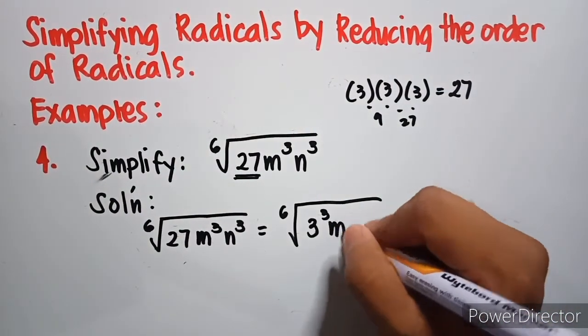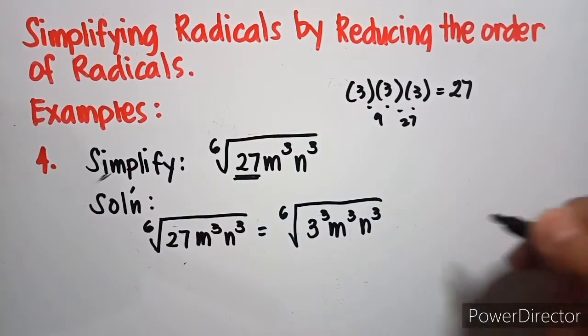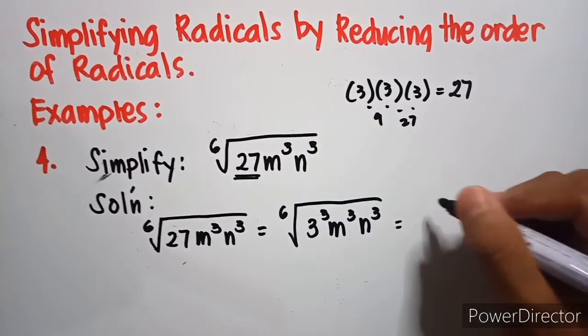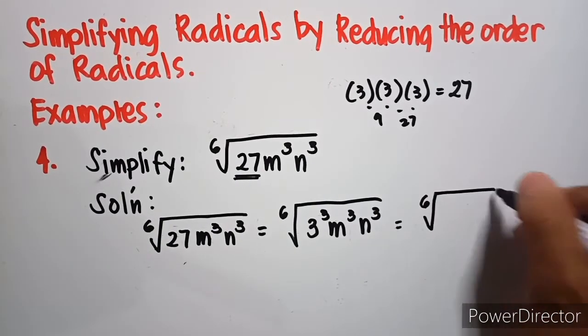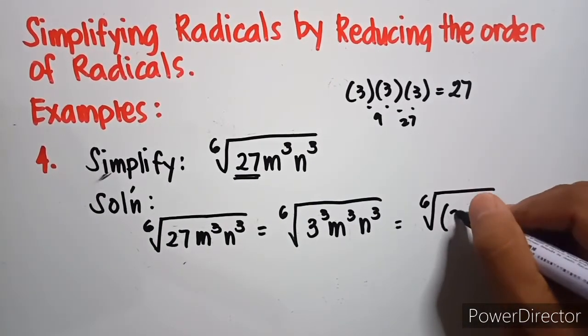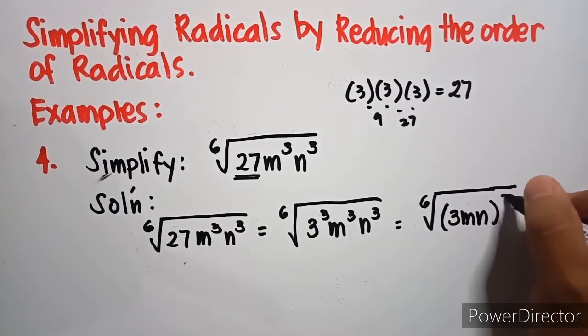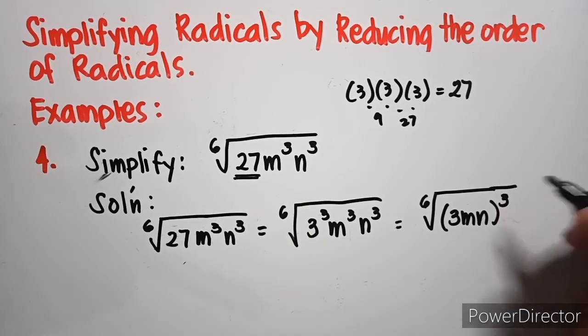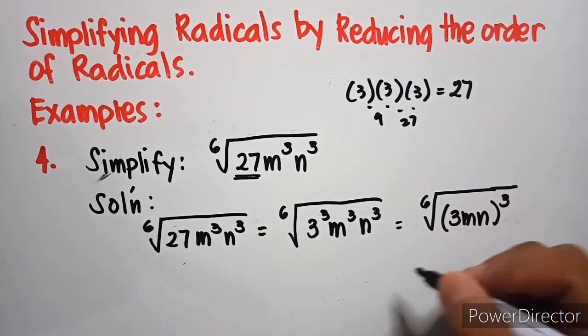So, m cube, n cube. So, since lahat sila ay cube, pwede natin siyang i-apply ang laws of exponent. So, magiging siyang parenthesis 3mn and parenthesis cube. Kasi yung 3 para kay 3, 3 para kay m, 3 para kay n as exponent.